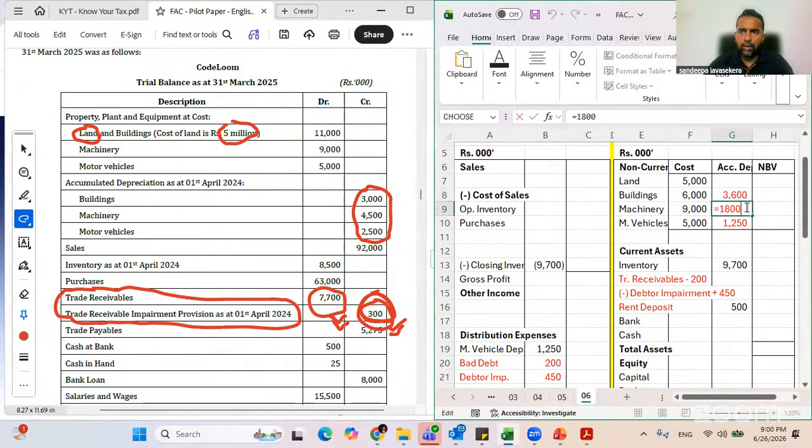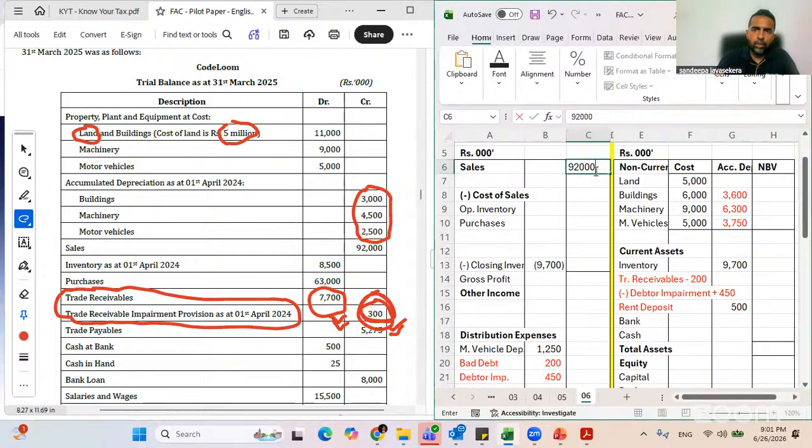You have to add plus 4,500 plus 2,500. You have to add the opening balance to the current year depreciation expense. Then you come to the final balance.